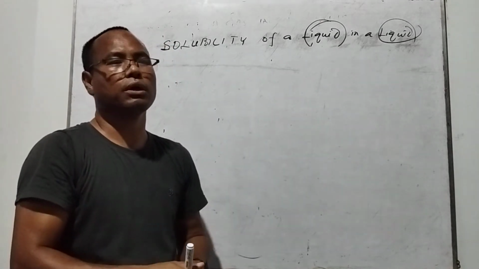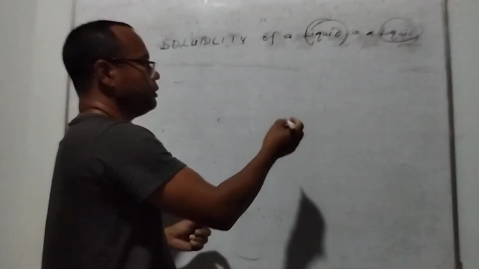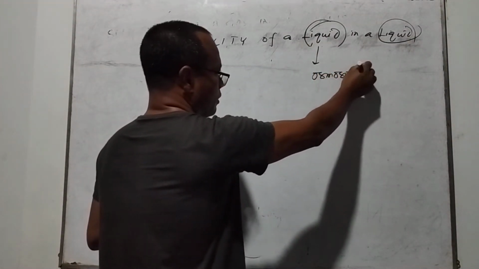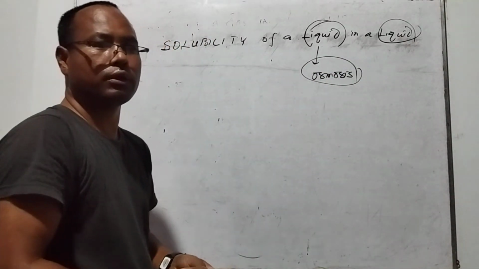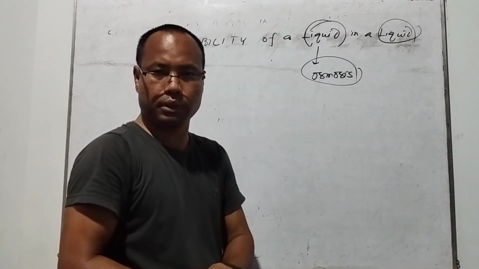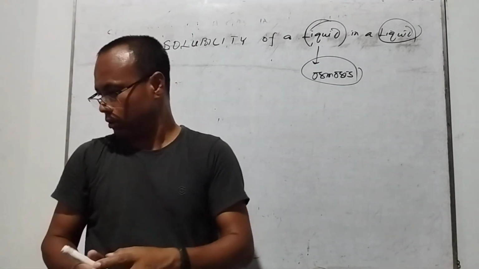And even one of our new properties of the liquid, that is osmosis. So these are the properties of liquid. Please remember, osmosis is a very new term for you, and it is a property of the liquid. Don't forget.